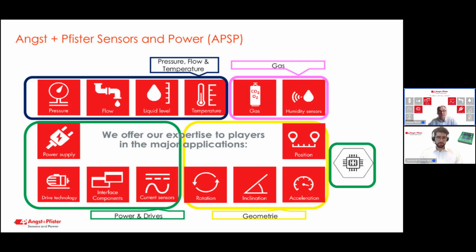Last but not least, the most important segment for you is the segment pressure, flow, and temperature. As the name says, we have here flow sensors, liquid level sensors, and temperature sensors. One of our key components are pressure sensors, and the pressure dies we bought with the acquisition of Equity also belong to the pressure group.